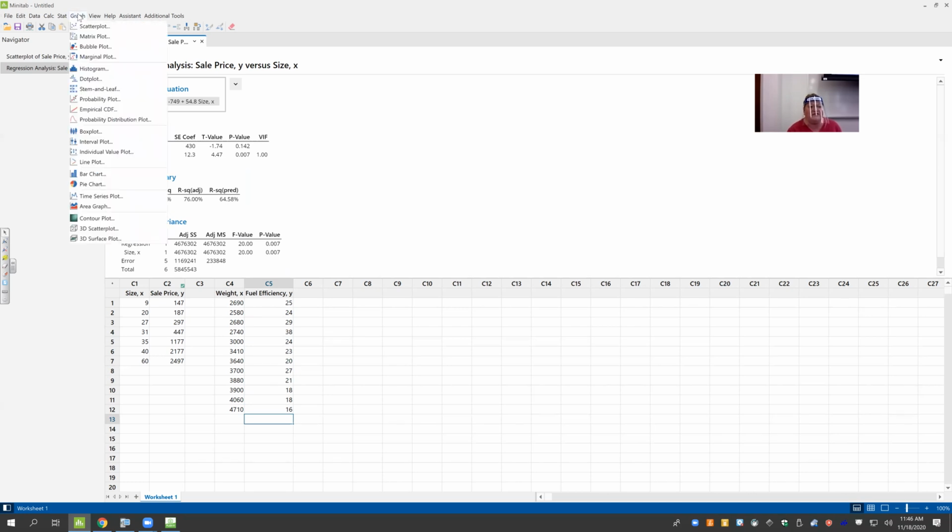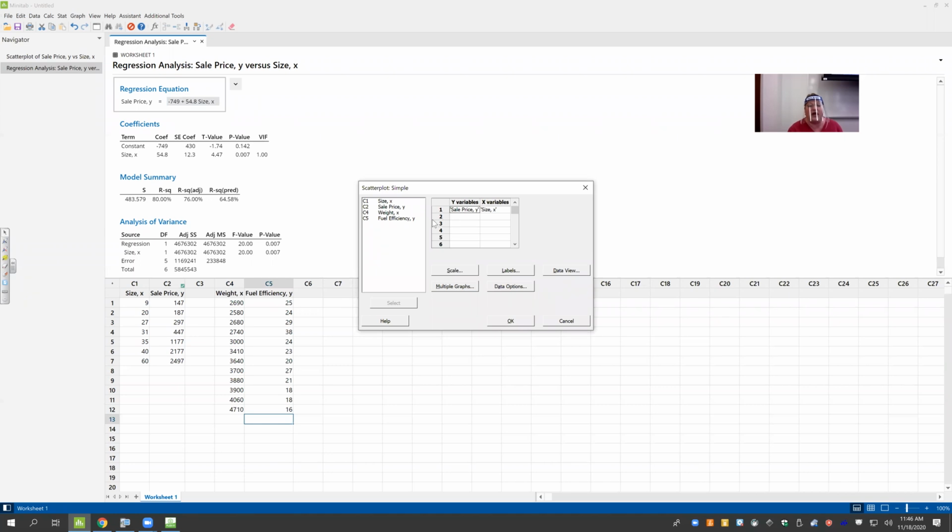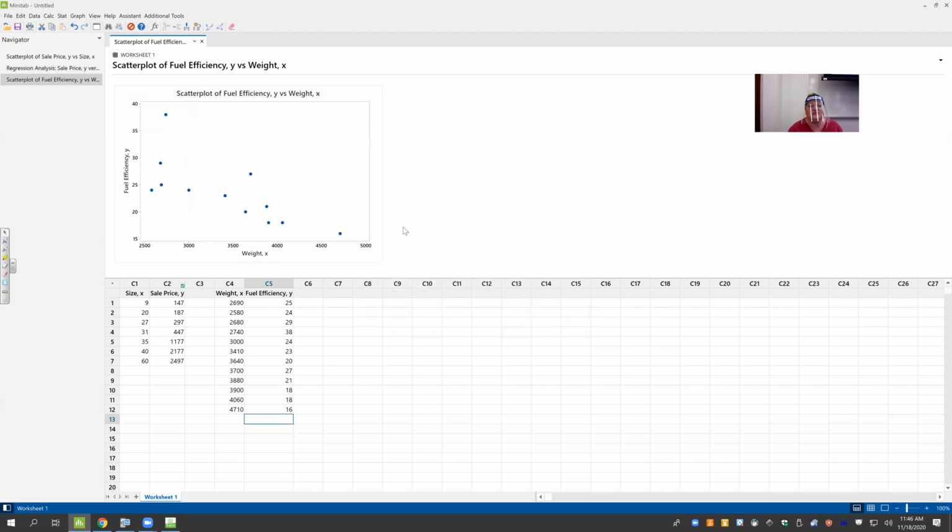So I go to graph. I want to create a scatter plot, keeping it simple. My Y variable this time is the fuel efficiency in column 5, and my X variable is the weight. Okay, and so you get this graph.